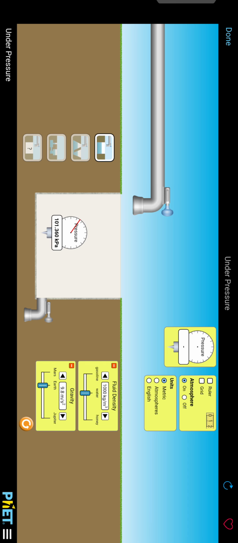We're going to put it here. At this juncture, the pressure is 101.361 kilopascals. So let's put in water. As you can see, as the water rises, the pressure also increases.